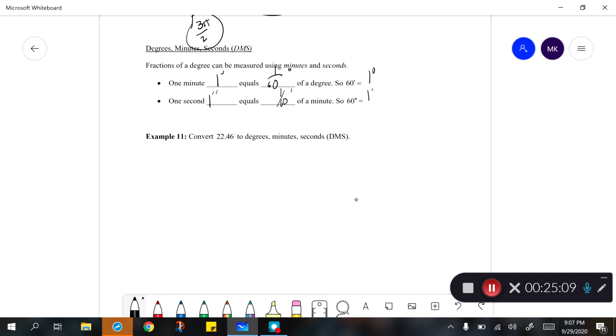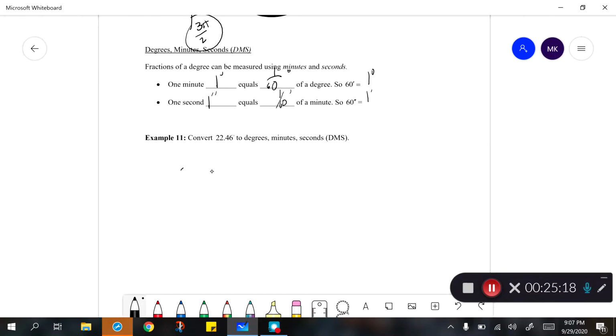If we want to convert 22.46 degrees to degrees, minutes, and seconds, we can simply break off the degrees. 22.46 degrees is 22 degrees plus 0.46 degrees.